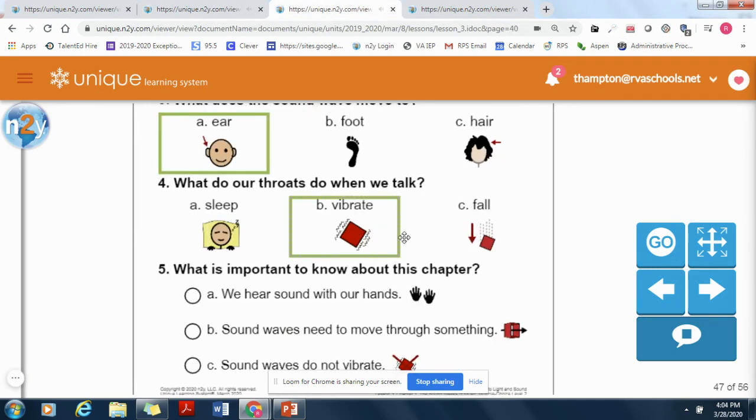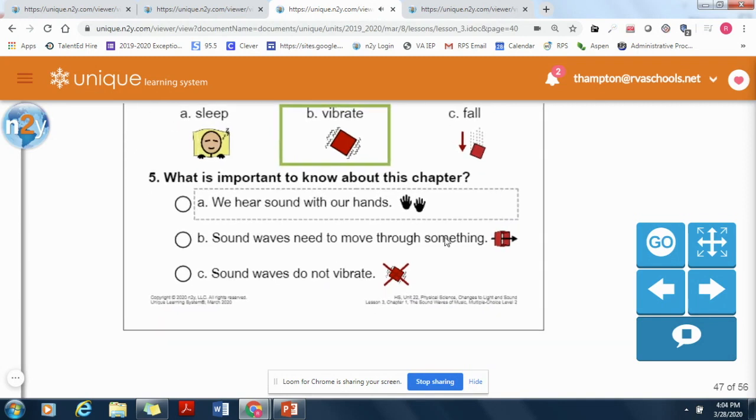All right. Good. What is important to know about this chapter? Everything that we've read, what is the most important thing that we learned? We learned we hear sound with our hands. Do we hear sound with our hands? No. Sound waves need to move through something.